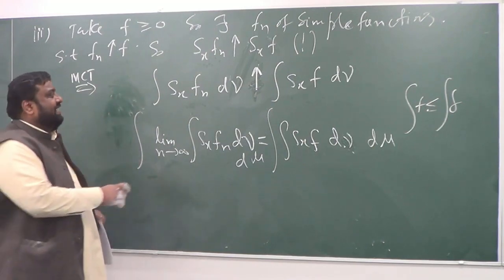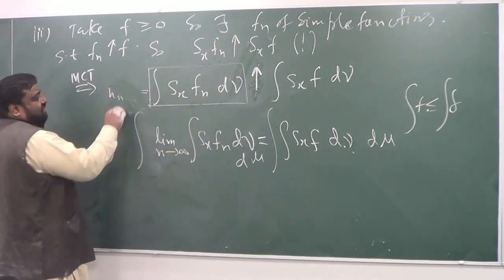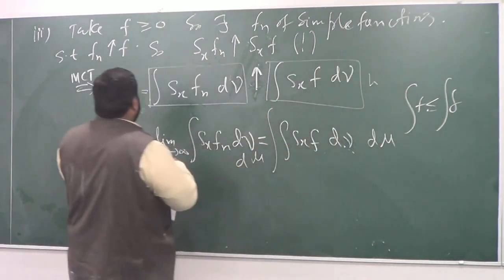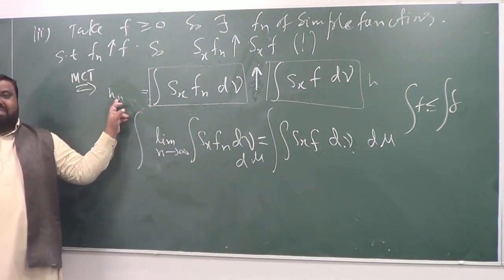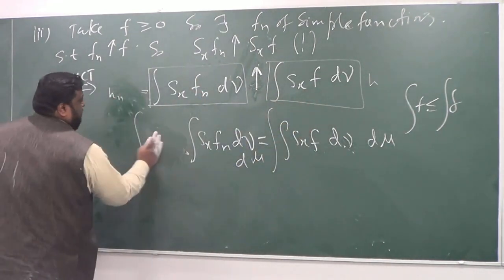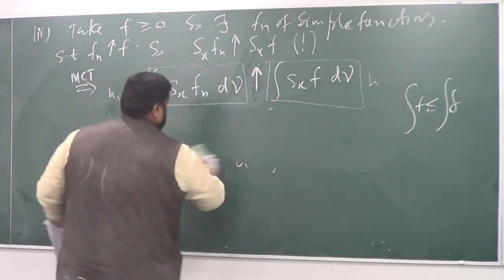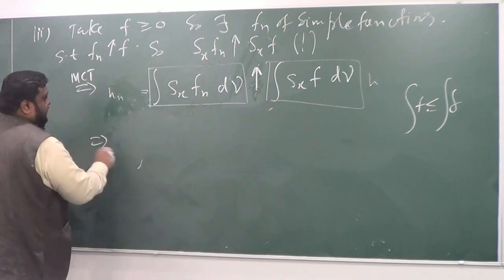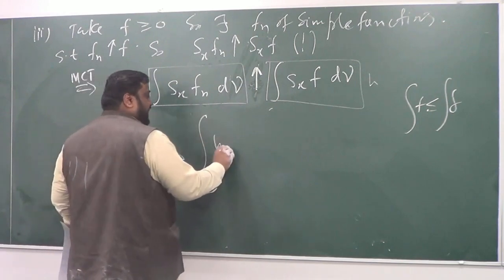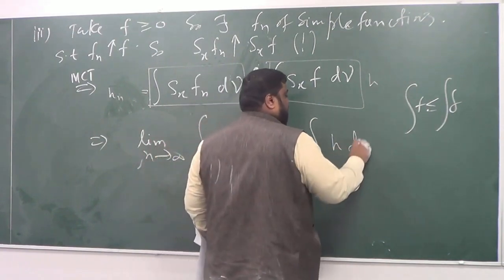Not Fatou's. So here's the thing. Just treat this quantity as Hn and this as H. So Hn is a sequence of measurable maps which is converging to H. Then again by the monotone convergence theorem, the limit as n goes to infinity of the integral of Hn with respect to d nu would be the integral of H d nu.